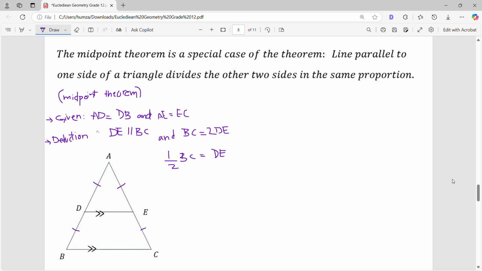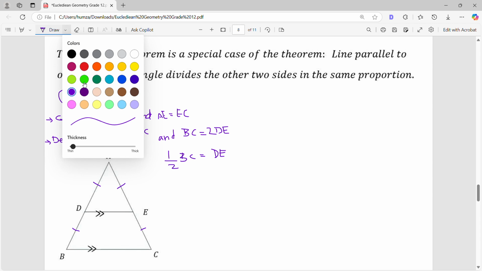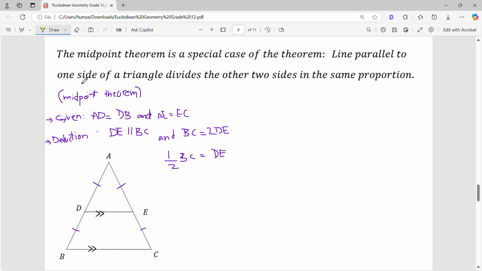So the converse will be the converse midpoint theorem. Now for the converse, this was the midpoint theorem.